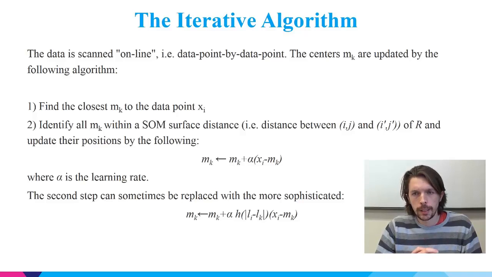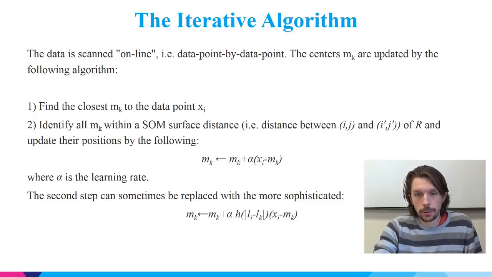The way to think about that is, if mk has a position i, j in that regular lattice, then we can calculate the distance between i primed and j primed of every other center, and all those centers which are below a particular distance, call it r, we're then going to update their positions.